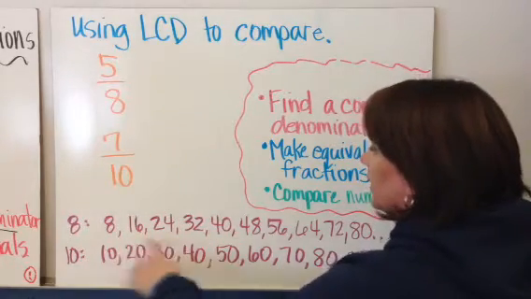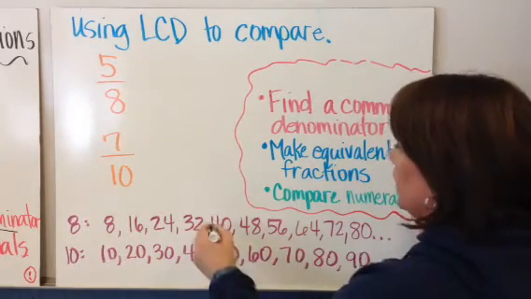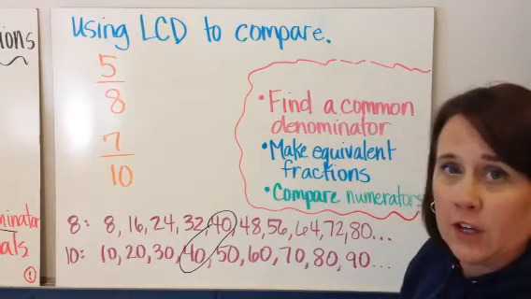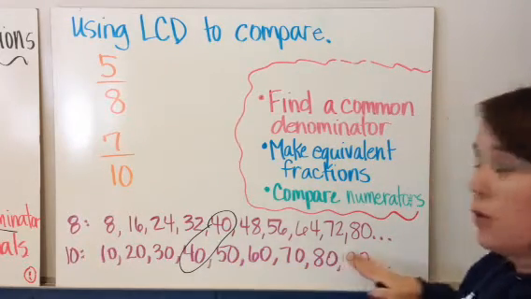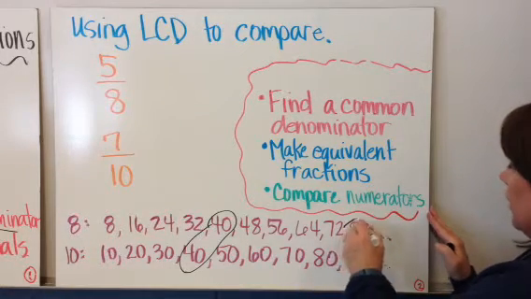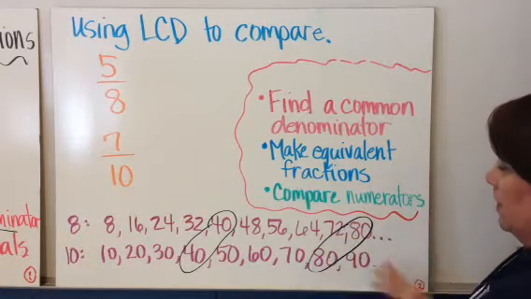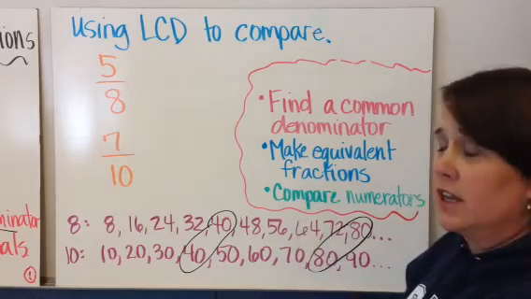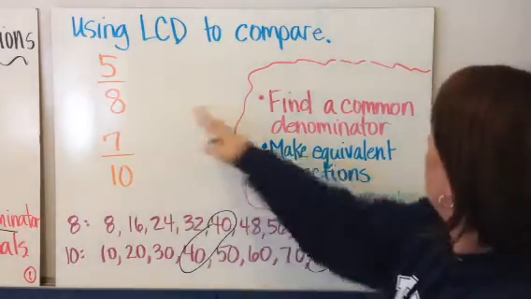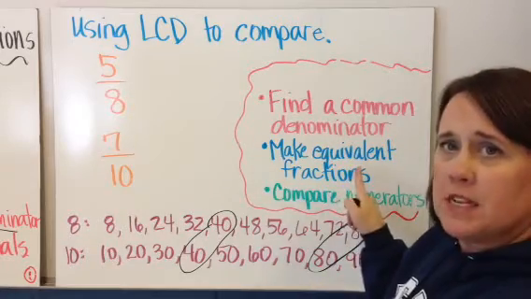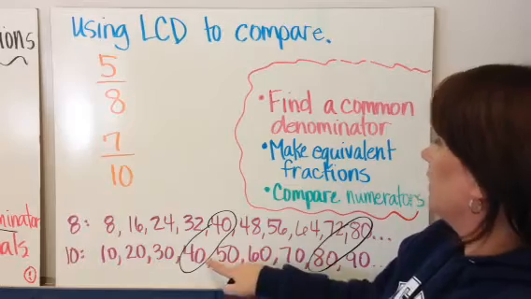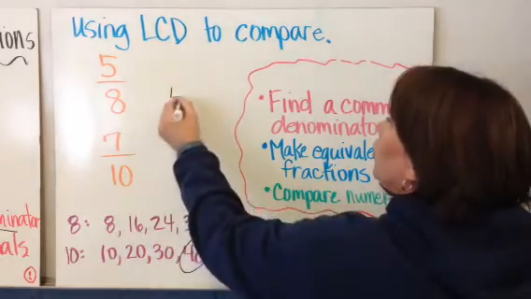So I look on both lists and I see that 40 is the smallest multiple that they have in common. Now I notice down the road here that they also have 80 as a common multiple. And we want to remember that because I'm going to show you a shortcut in a few slides. So the first thing you do is find a common denominator. I'm going to work with the least common denominator, or the least common multiple, which is 40.